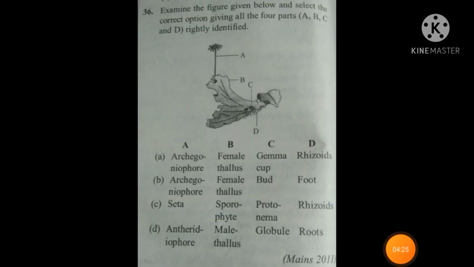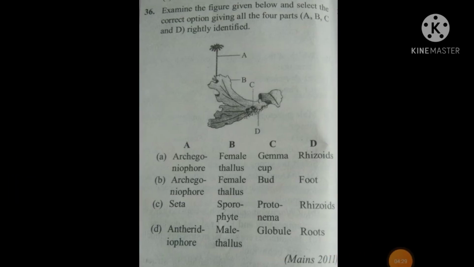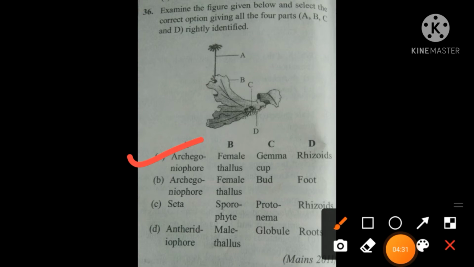So the correct answer for this is A. Archegonia, female thallus, Gemma cup, rhizoids.